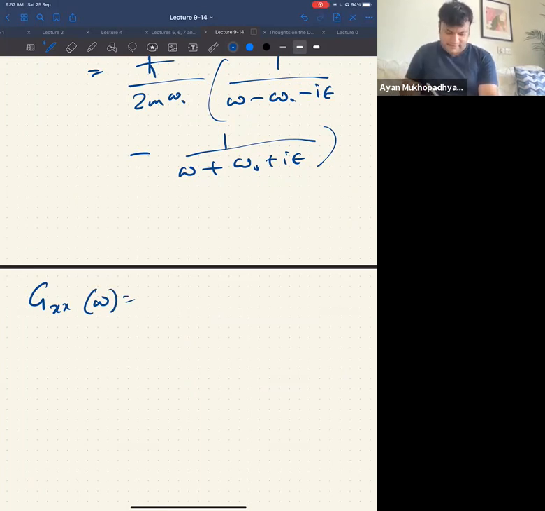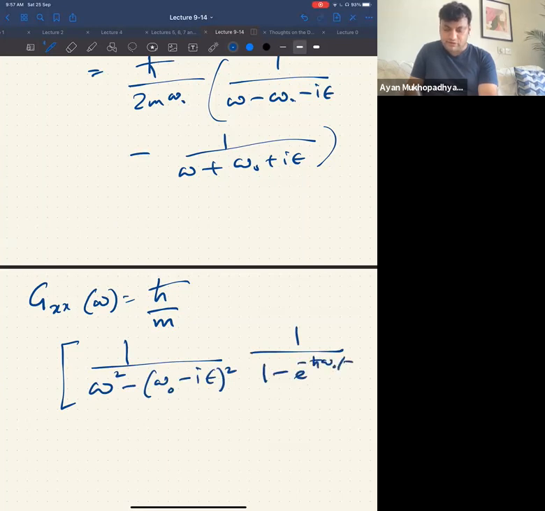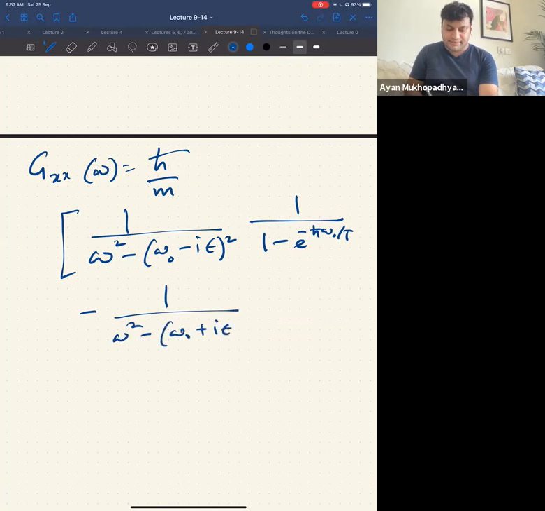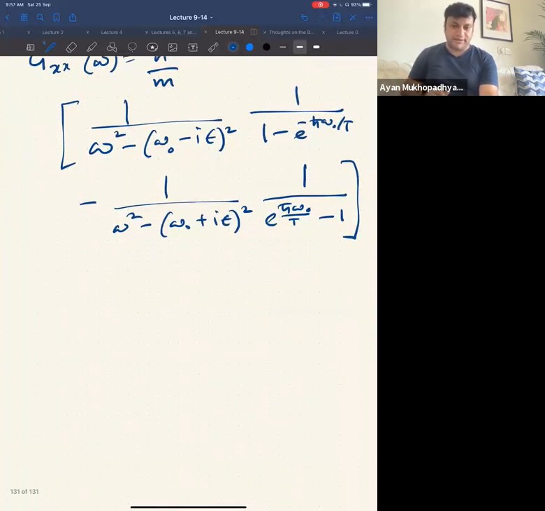It is this ħ by m, and then we have 1 by (ω² minus ω₀² minus iε) squared times 1 by 1 minus e^{minus ħω₀ by T}, and minus of (ω² minus ω₀² plus iε) squared, and e^{ħω₀ by T} minus 1. I think this is what Priyanka also got. So I will explain how to get this.